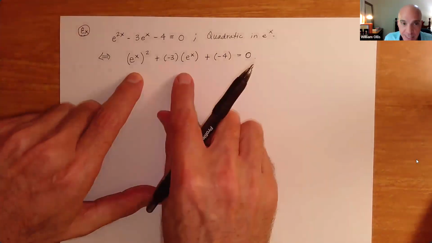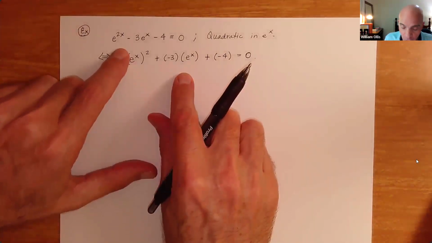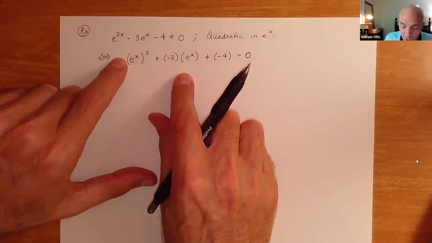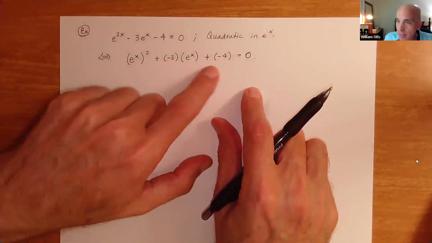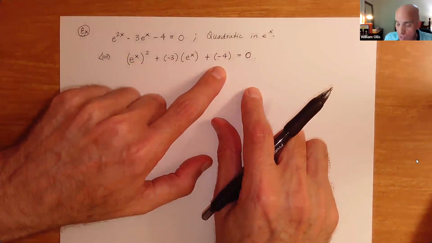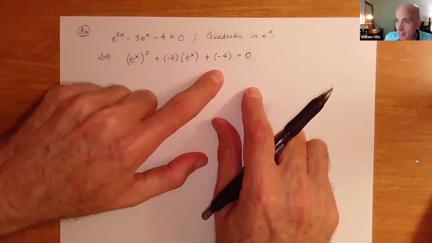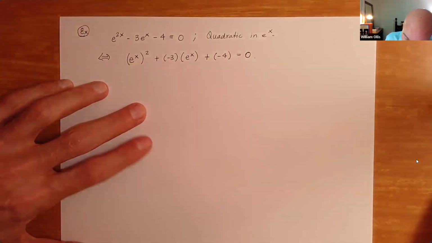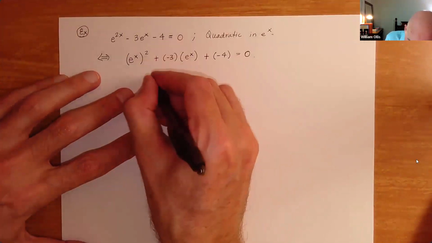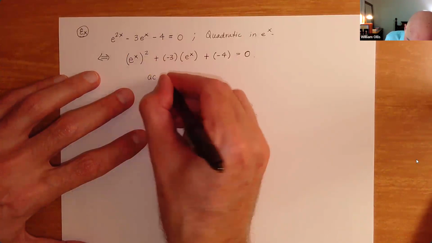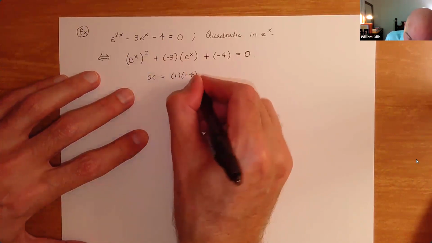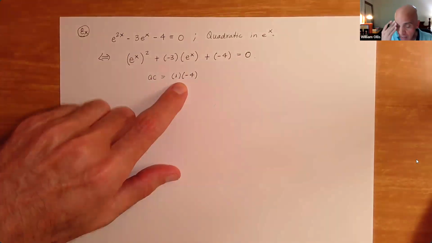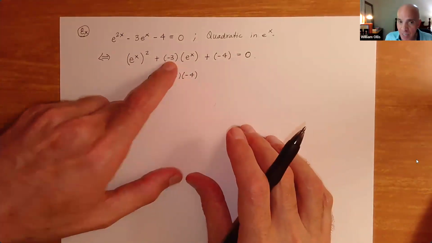Now we can see that the coefficient of the squared term is 1, the coefficient of the non-squared term is -3, and the constant term is -4. So again, this is quadratic in e to the x. Now notice, and this is what's so nice about this, if we do AC, we just have 1 times the -4, where the 1 is really important, but we see that the 1 plus the -4 is -3.